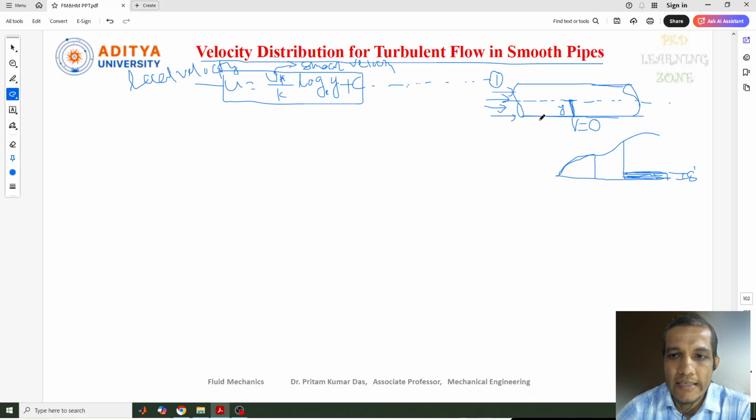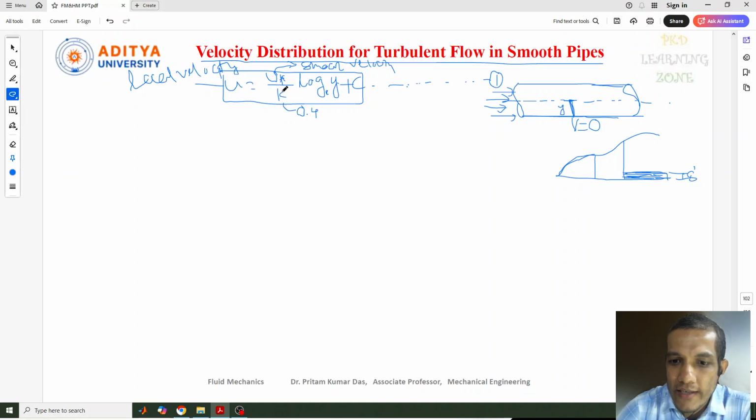A detailed discussion happened in the previous video lecture, so you can see that once, so that you can understand the next step of the derivation. Here, as I told you, u is the local velocity and u star is the shear velocity, and this is the constant. That is the kappa constant, and we have taken the K value as 0.4.